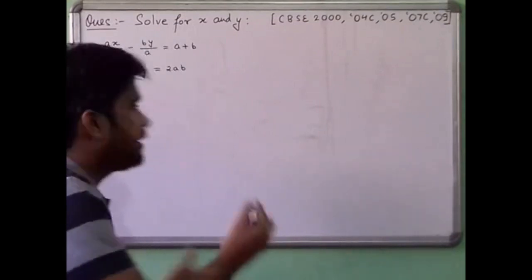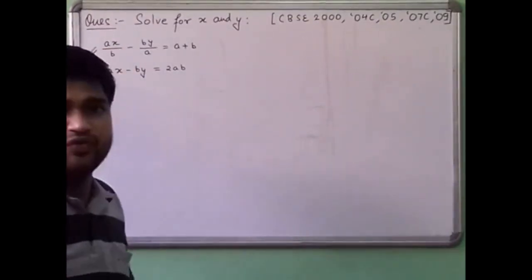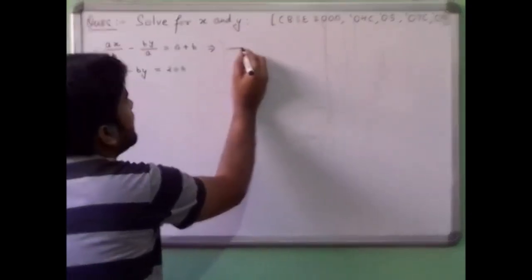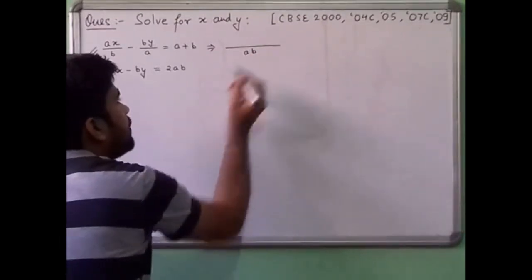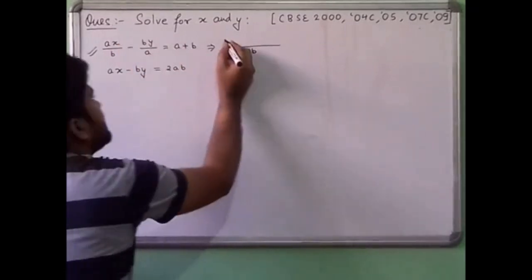Friends, here you have been given an equation in the form of fractions. So firstly we take the LCM, and the LCM of b and a is ab, and we do cross multiplication.